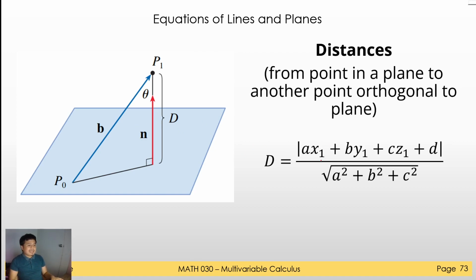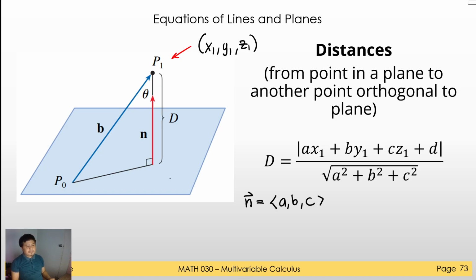Basically, you have this orthogonal vector n, which has a, b, and c as the elements of this vector. So remember this. And then this P1 is represented by the point x1, y1, and z1.